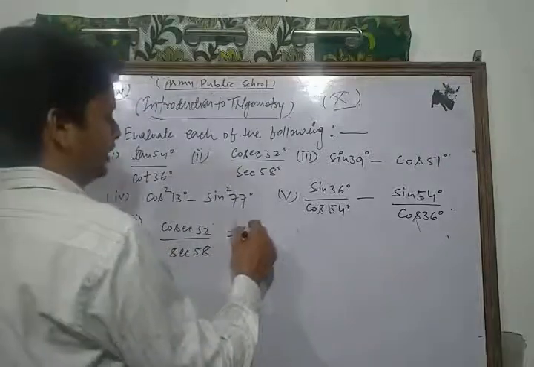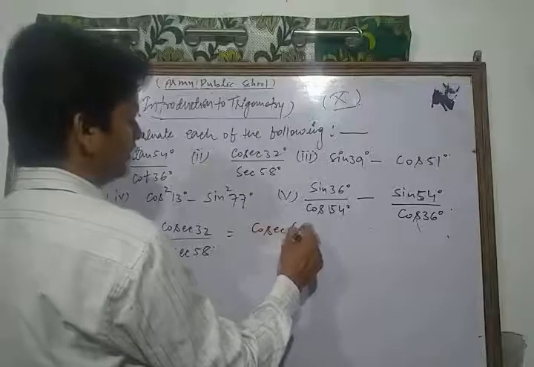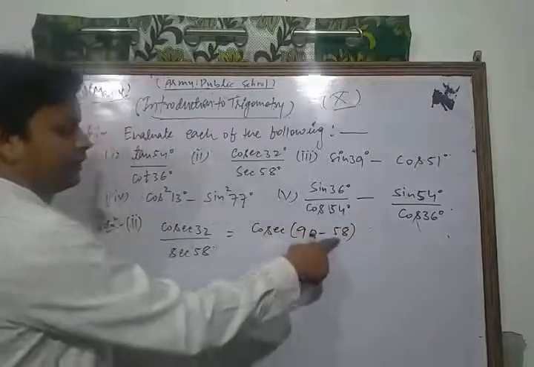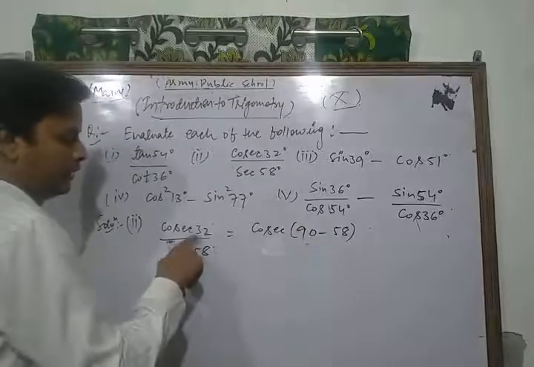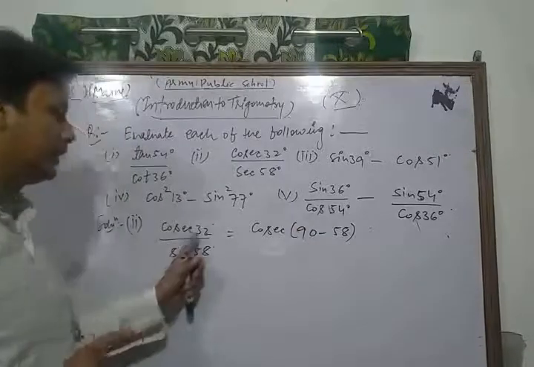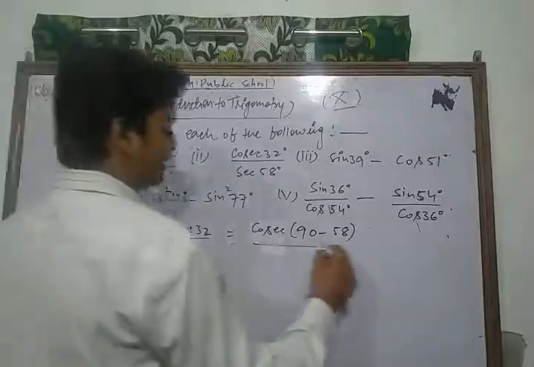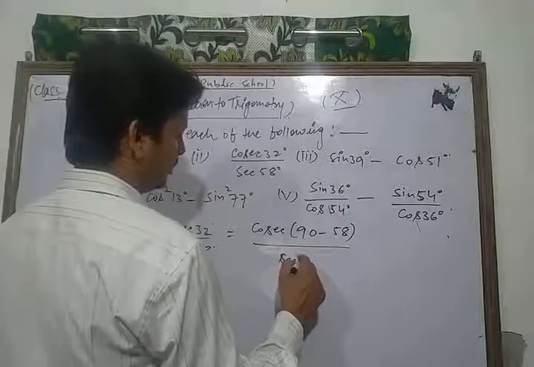We can write cosec 90 minus 58, because if we subtract 58 from 90, then we get 32. So we can write cosec 32 in this way also. And in the denominator we write as it is, sec 58 degree.